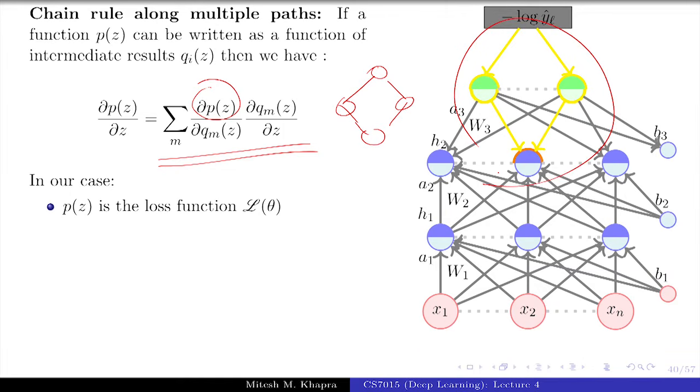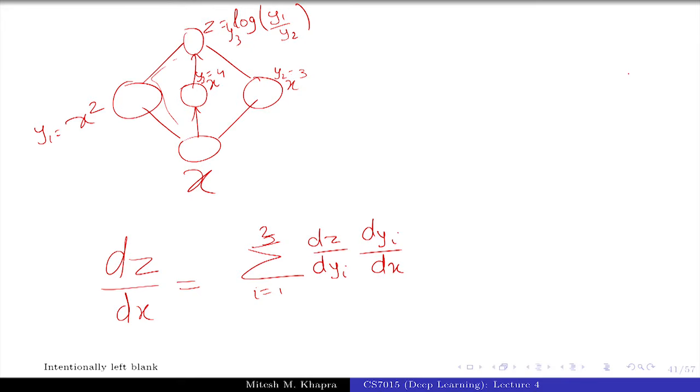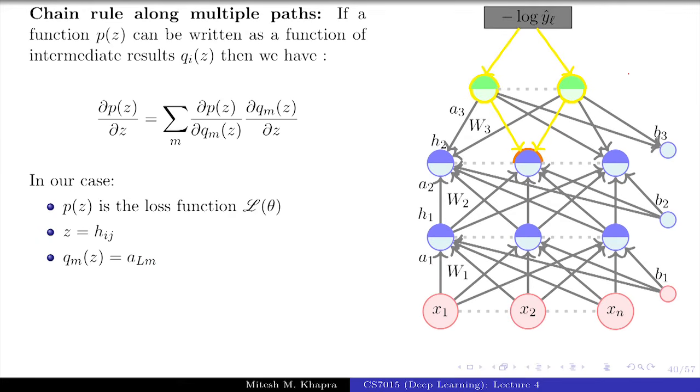So we'll just have to sum up the partial derivatives across all the paths which lead from this guy to this guy, and there could be as many paths as there can be, but I'll just sum across all those paths. In fact, here there are not just two paths because we have always assumed there are k classes, so there are actually k of these paths. So this is exactly the formula which I wrote on the previous slide, but written in terms of the network that we are dealing with.